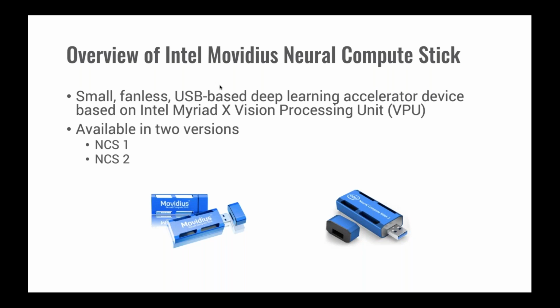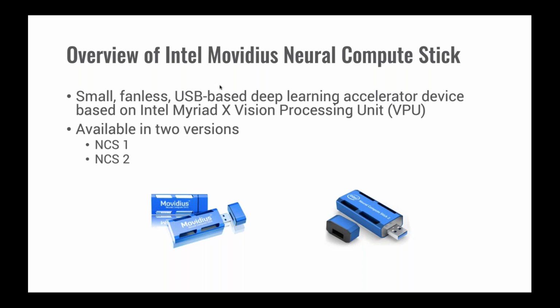So there are two versions of the Neural Compute Stick. There is a most recent version, which is called NCS2, and the other version has been around for a couple of years, and that is the first version, NCS1. Intel has not deprecated or retired NCS1. This is still very active. It is actively maintained, actively sold, and there is a large community around it.